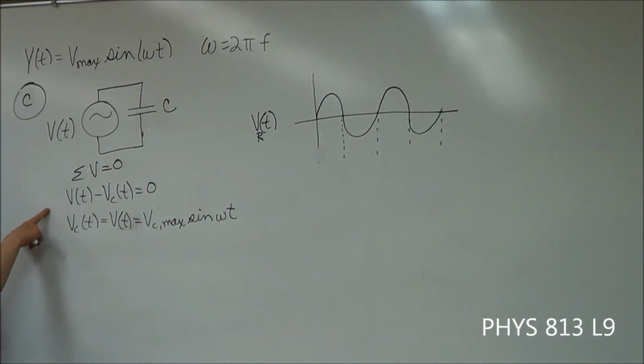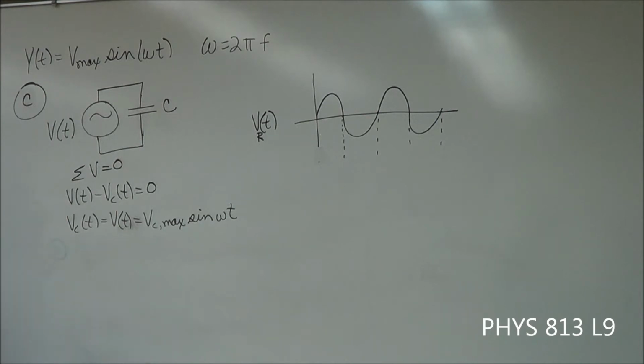Now, what do we know about a capacitor? We normally don't have an equation for current, except I think I did at the end of lesson 7 in unit 1. I talked about current and had some equations and graphs there. But the important thing is we want the current.